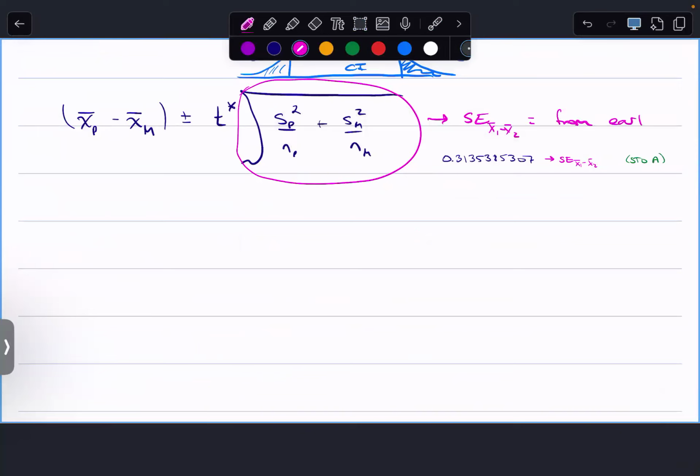From earlier, we already did this work here. That's what's nice about when you get to do both, right? You can just recycle some work. In fact, we even know what this difference is, right?